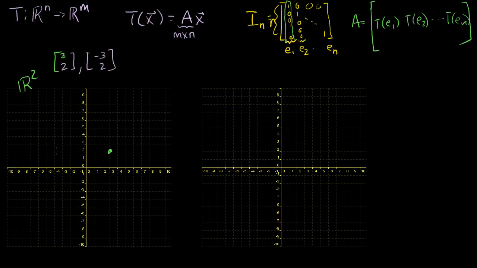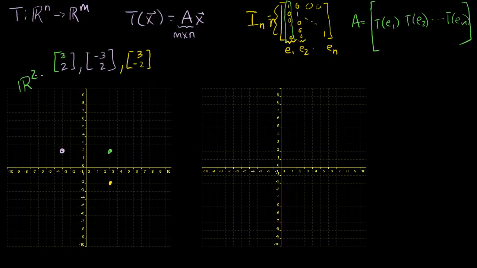And that's this point right here, minus 3, 2. And then, just for fun, let's say we have the vector, the position vector, 3, minus 2, which is right here.